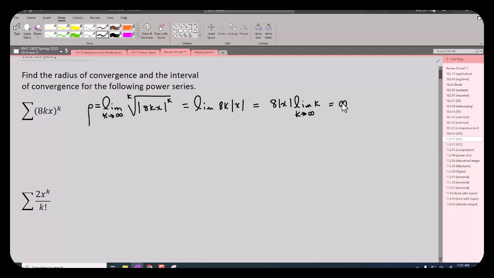So, therefore, what is the radius of convergence, and therefore, what is the interval of convergence? Infinity, and then negative infinity to infinity. Oh, wait, no, it's 0. I had it backwards. Right, 0, because when we do a root or a ratio test, we compare to 1, and convergence is when that limit is less than 1.